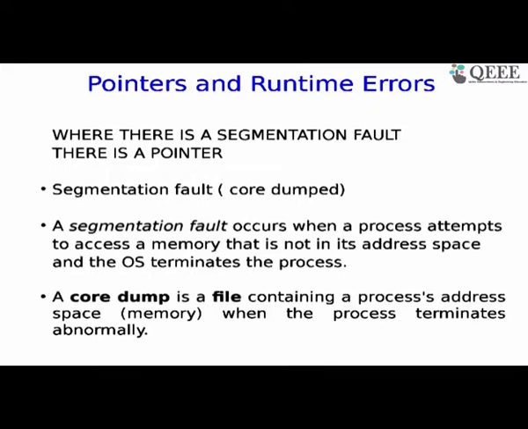The core dump is basically a file which gives you some information about what happened around the time of the segmentation fault and why it is produced, because typically a debugger can make some sense out of it. The core dump is not something that you and I can use directly, but if you are using a debugger, it can be examined to give you a more reasonable idea about the nature of the fault.